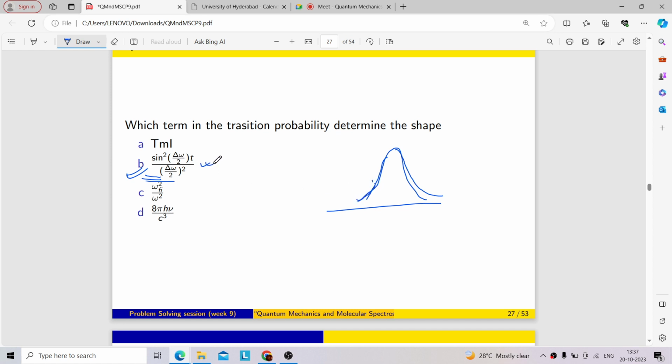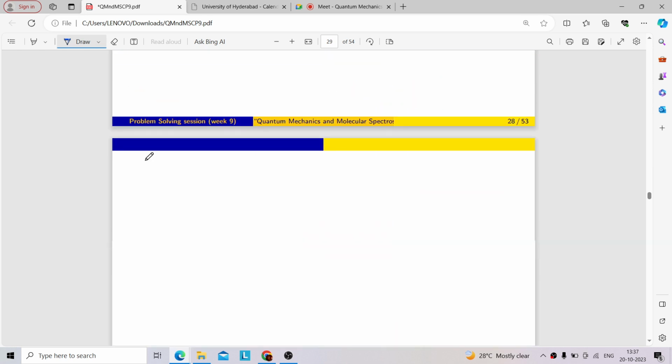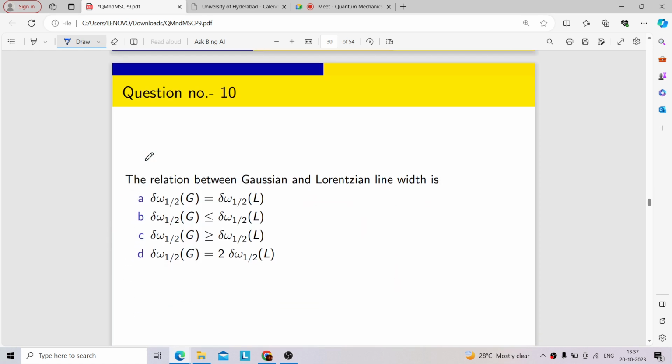This function is another form of this Gaussian distribution. So this term will give us the shape of the probability distribution, right? So the answer will be B.